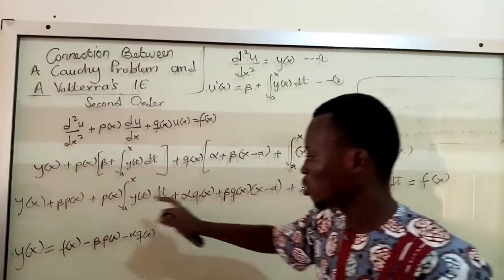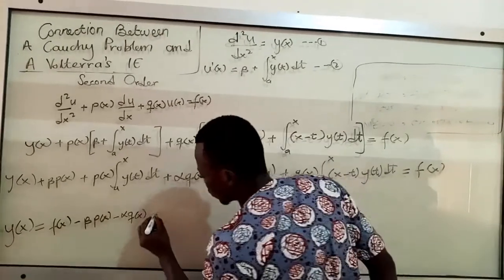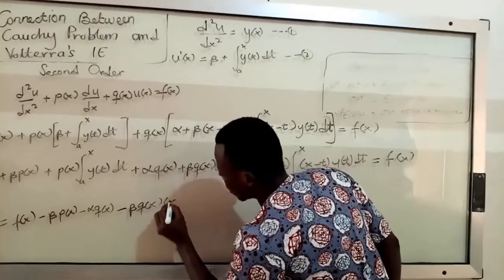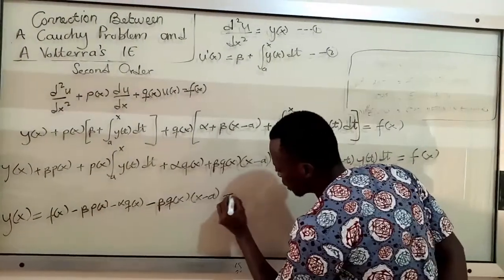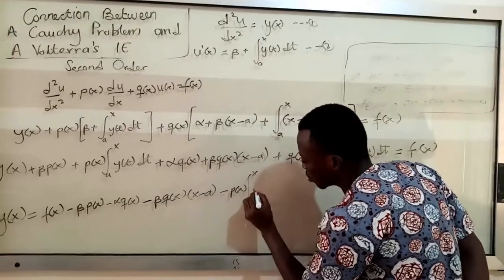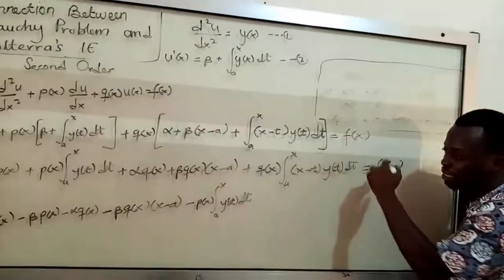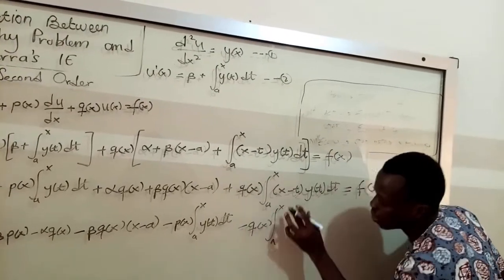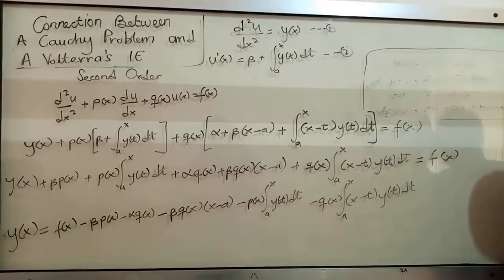Now let's send this one to the other side too, and minus beta q of s, minus the rest. Now let's send the integral sign to the other side. We get minus p of s times the integral from a to s of y of t dt, and this side, sending it to the other side, making minus k of s times the integral from a to s of s minus t, y of t dt.